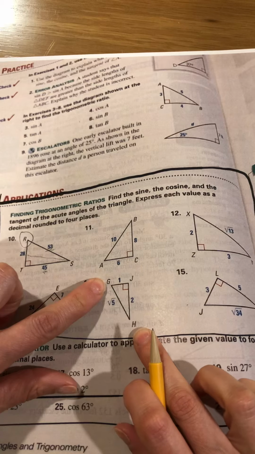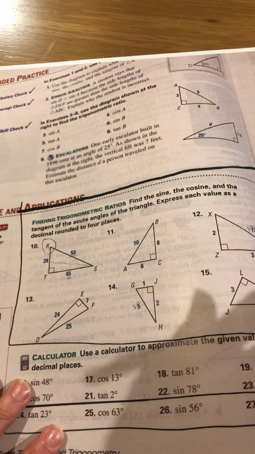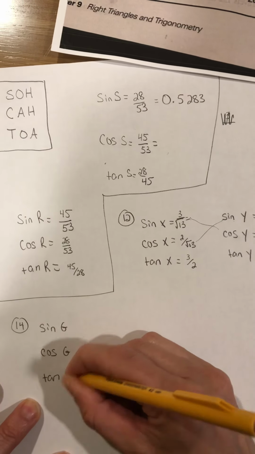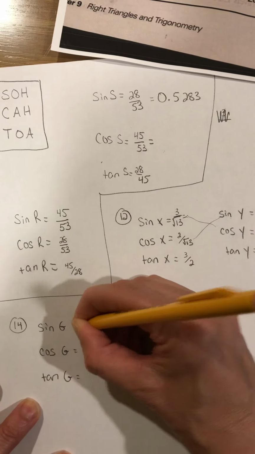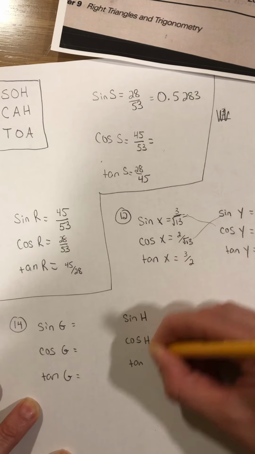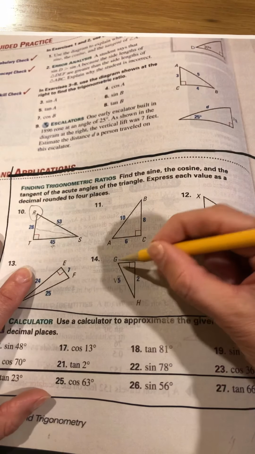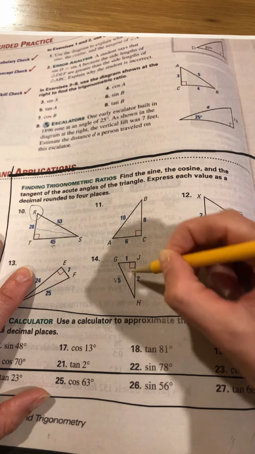Sine, cosine, tangent of, so here the acute angles are G and H. So they just mean the acute angle is anything but the right angle. So G, and then sine, cosine, tangent of H. Sine of G, opposite over hypotenuse. 2 over radical 5.